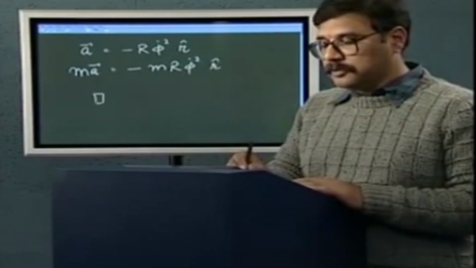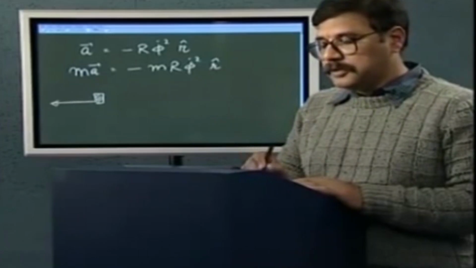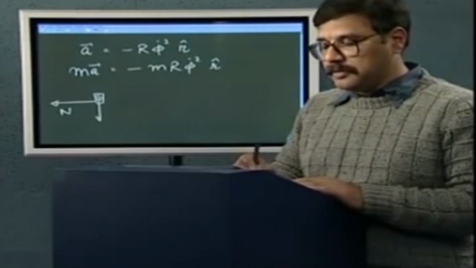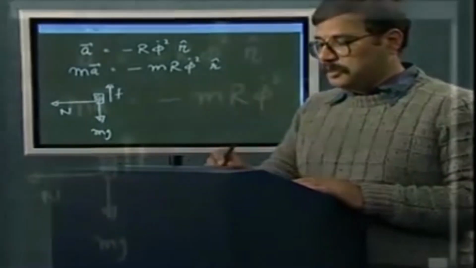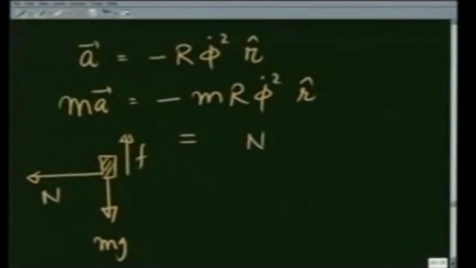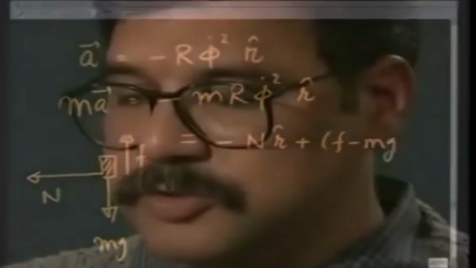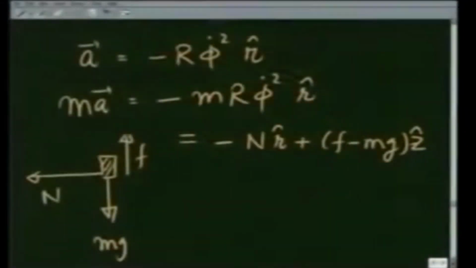How about the forces on the mass? There is a force in the negative radial direction N, there is mg, and there is friction. So, this should be equal to N in the negative r direction plus (F minus mg) in the z direction.